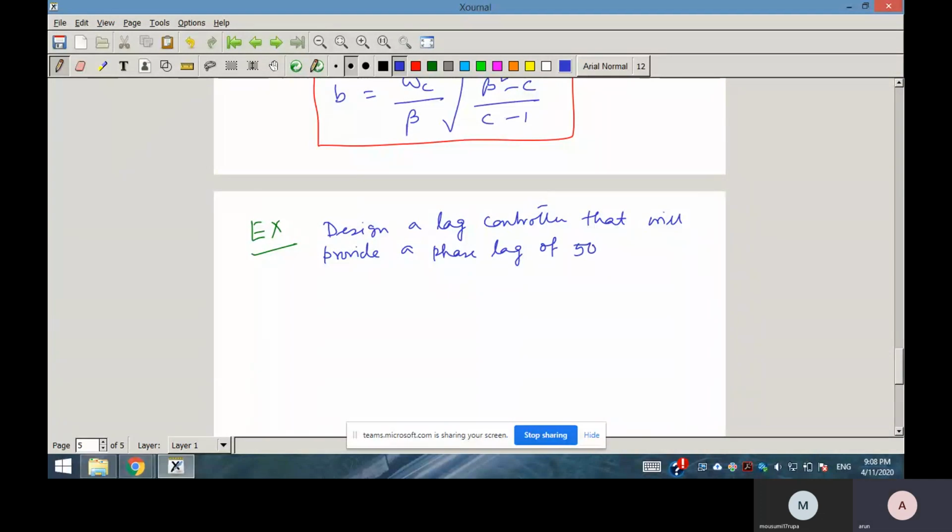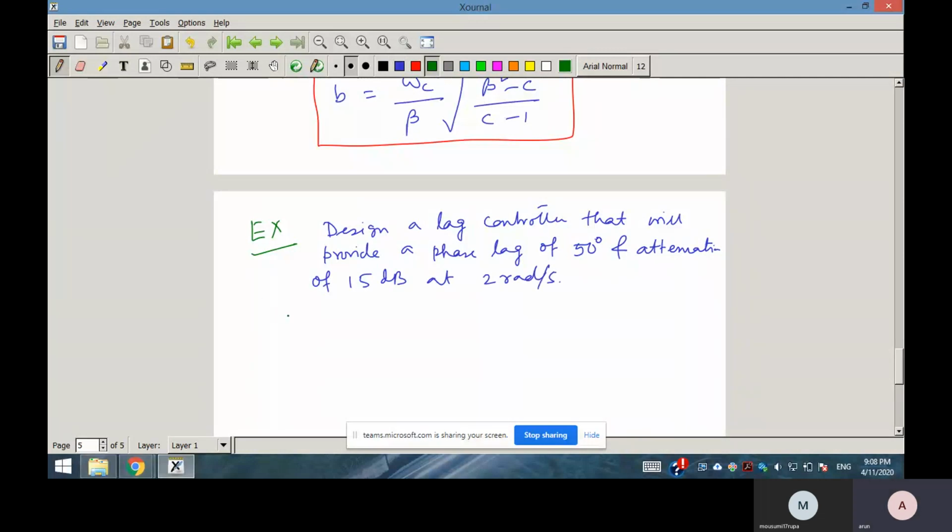Although I have written 50 degree, normally the phase lag will be 10 degree, 15 degree, like that. Just for numerical illustration, we are considering phase lag of 50 degree and attenuation of 15 dB at 2 radian per second.